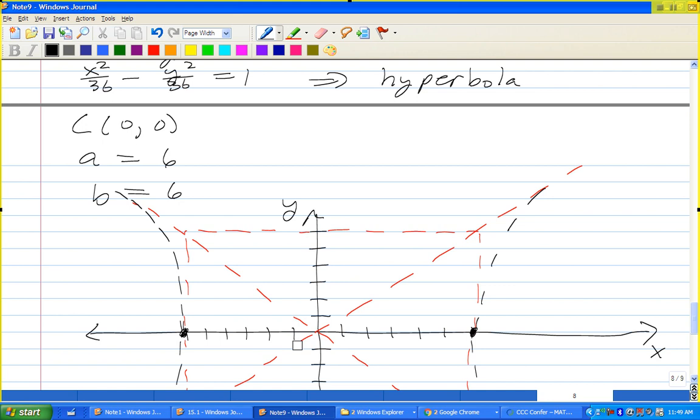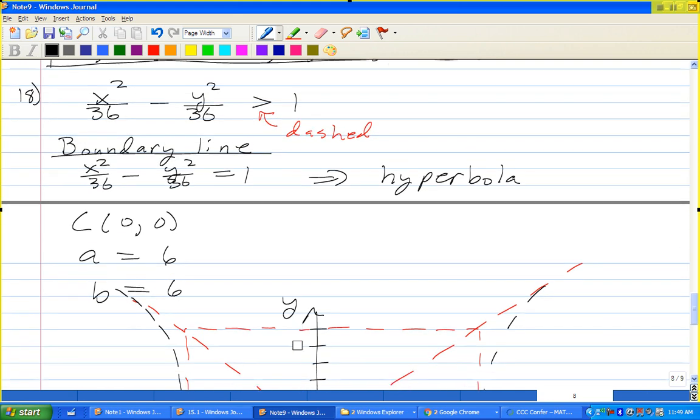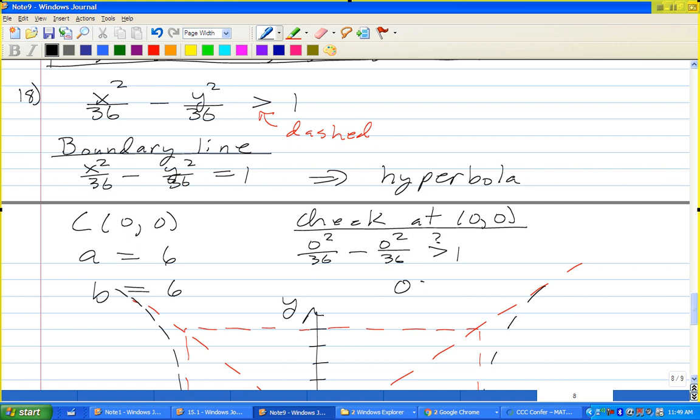So let's check. Let's say at the origin. So let's check if the inequality is true at the origin. So is 0 squared over 36 minus 0 squared over 36 greater than 1? Is 0 greater than 1?